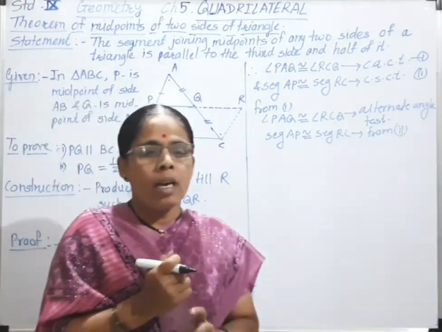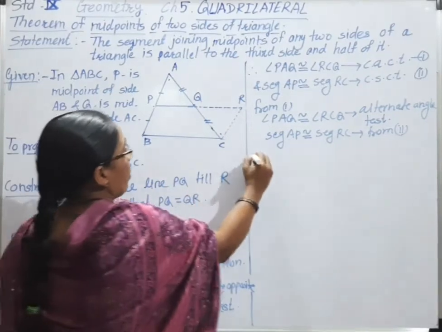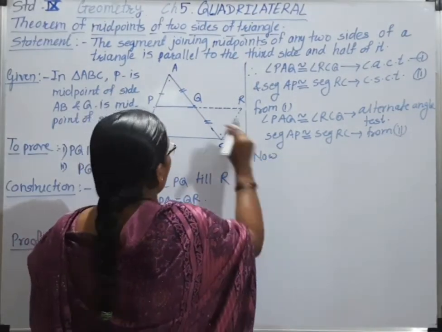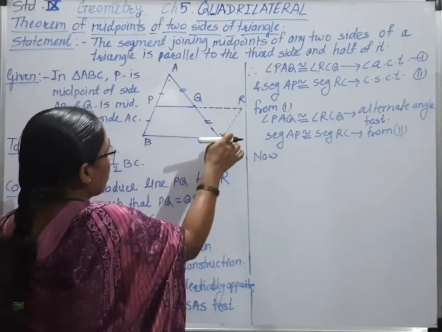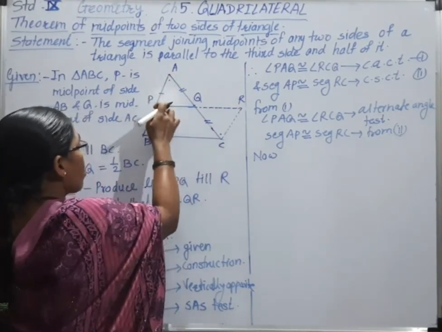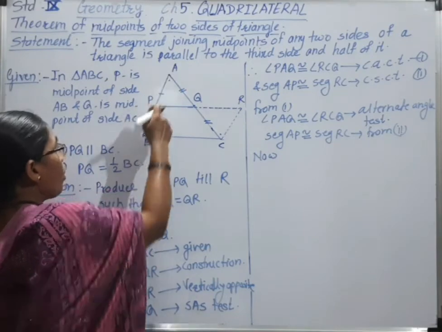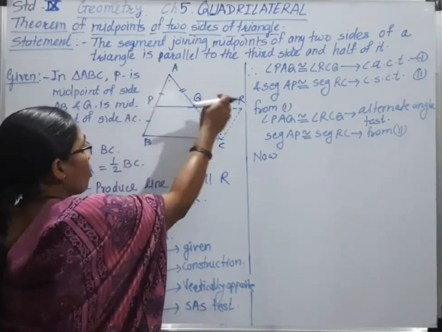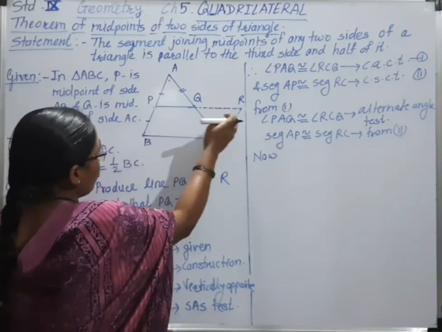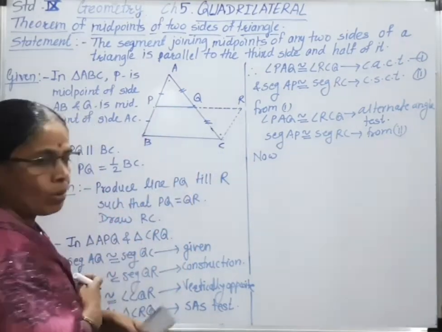Means here we can understand here, if AP is congruent to RC, and we know that AP is congruent to PB because P is the midpoint of AB only. So when AP is congruent to RC, means PB is also congruent to RC. This only we have to write.